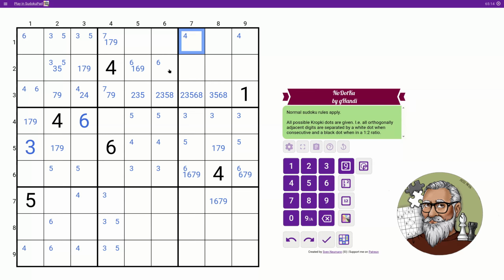But this could be 8 still. And this would be 6. And this would be 2. No. This would have to be 6. Oh yeah. Hold on. If this is 4, then this is from 179. And these are 3, 5. So that's 6. And that's 8. And that doesn't work.